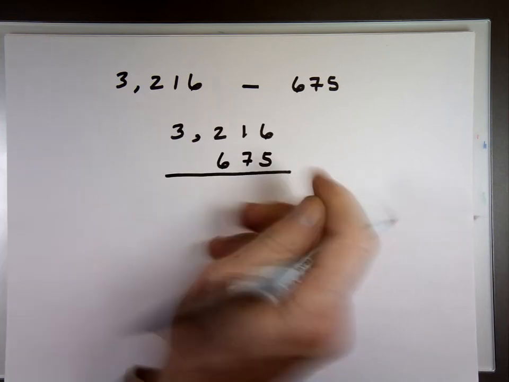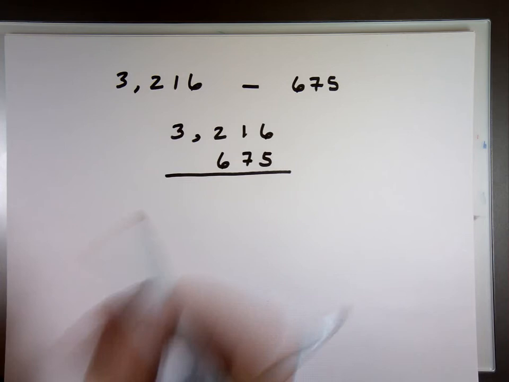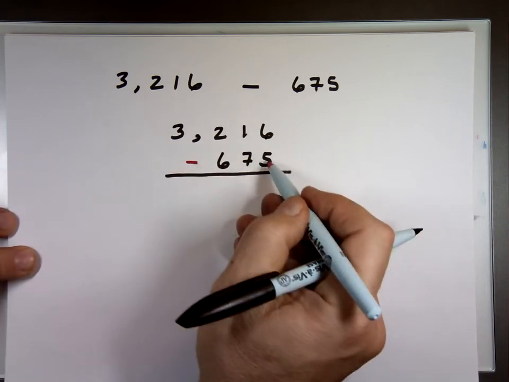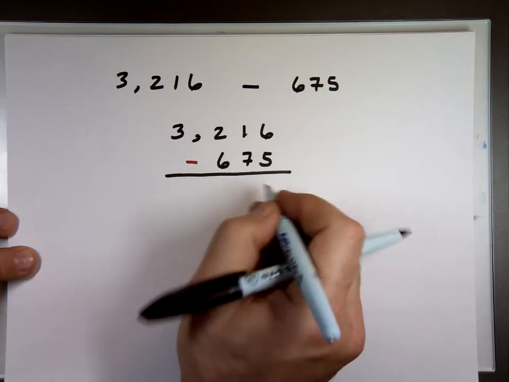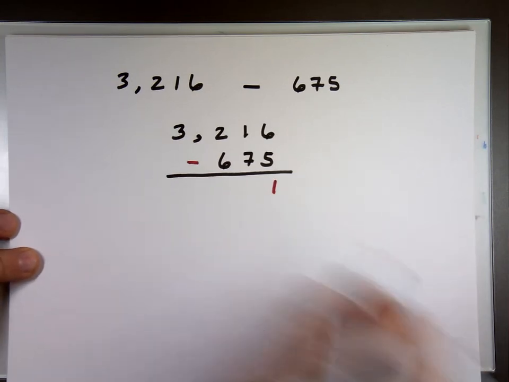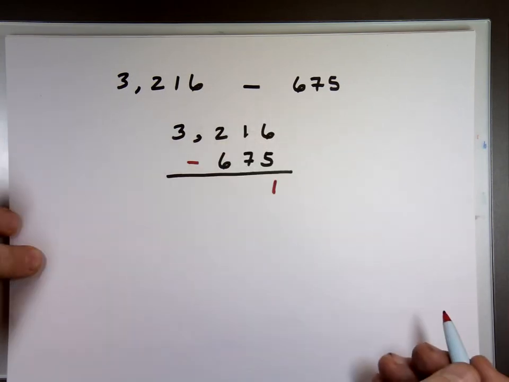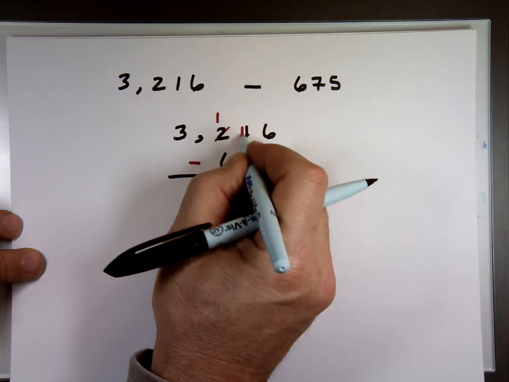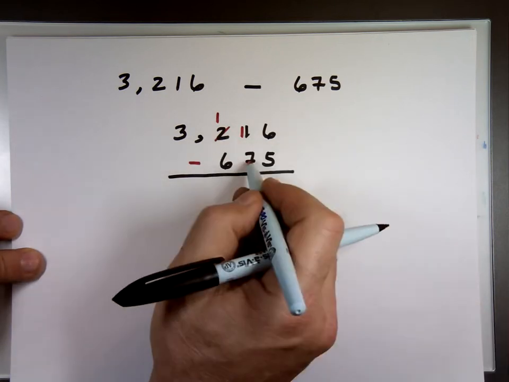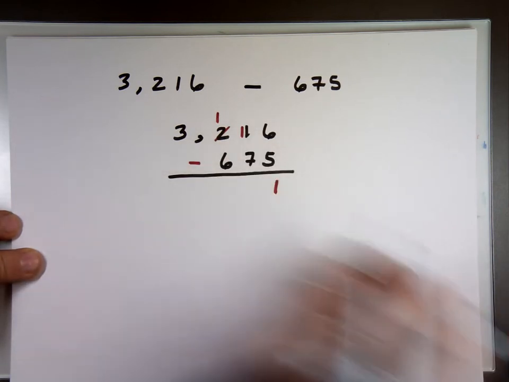Again, we are going to subtract here. 5 from 6 is 1. 7 from 1, can't, right? So you're going to borrow 1 from this. This becomes 1, and that will turn to 11. 7 from 11, 4.